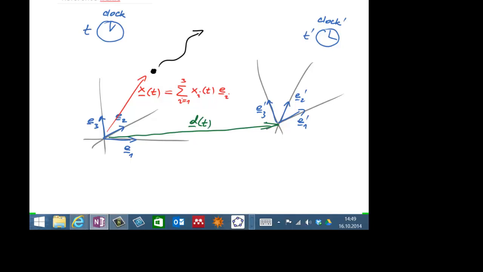So this is one difference. The other difference is that the basis vectors ei primed can be rotated with respect to the ei's.